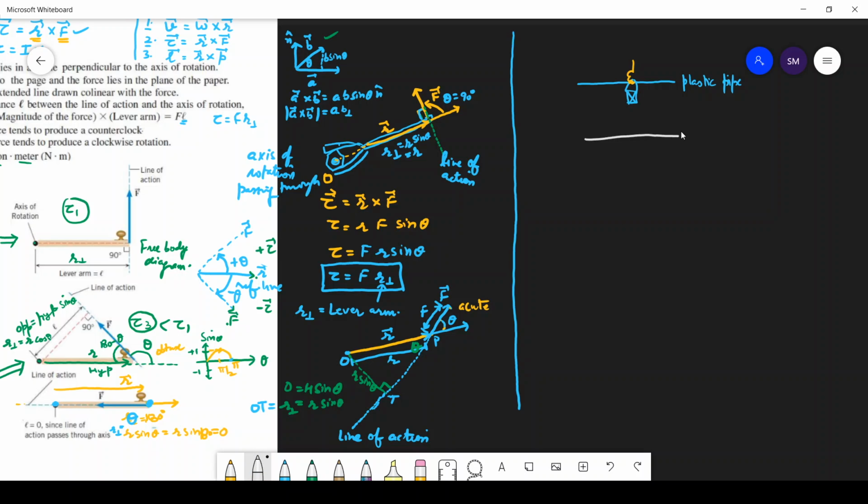If your bag remains in this position, and you are holding this pipe from here. Student, this is very good thing.